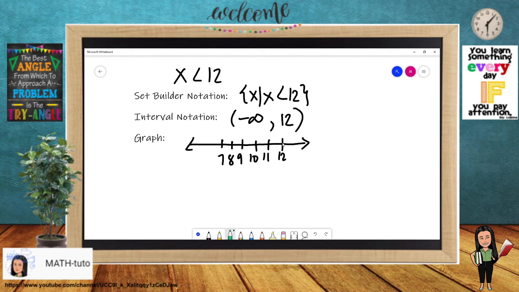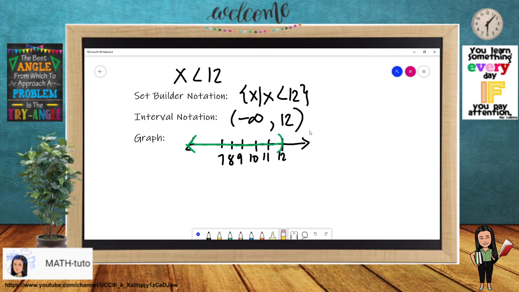Eh di parentheses tayo kasi hindi included yung 12. So, all set x that are less than 12 papunta sa negative infinity. So, we shade to the left. Yan. Well, that is x less than 12 in set builder notation, interval notation, and graph.